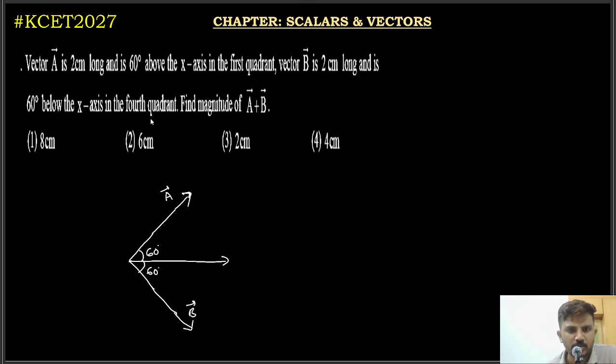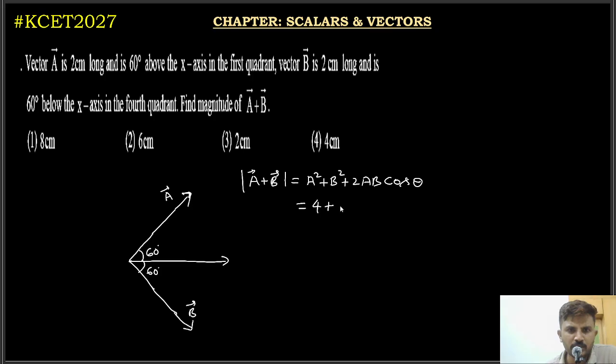Now what is the resultant of A plus B? The magnitude of A plus B is given by the square root of A square plus B square plus 2AB cos theta. A square is 2 square, 4.